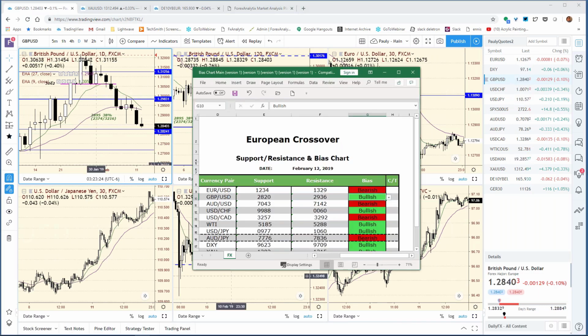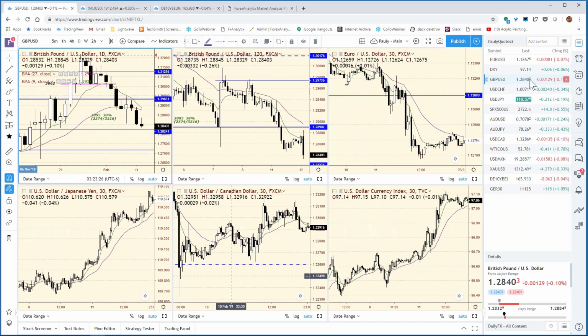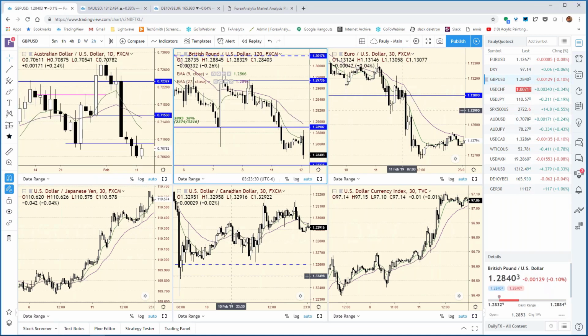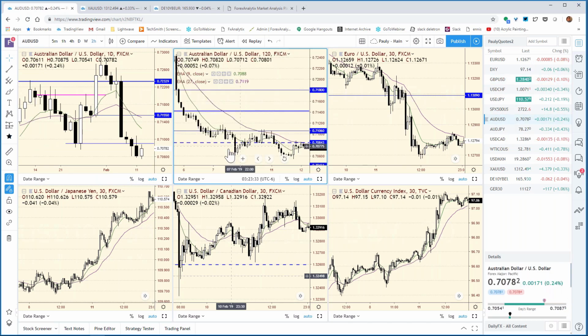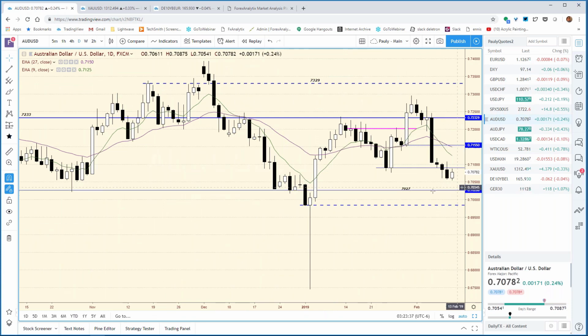Let's go into the Aussie dollar. The Aussie dollar is trying to hold near these lows. And the key level here, you can see that across on the daily, is at 70.27. We're just holding here. Let's take a look here on the 2-hour charts.